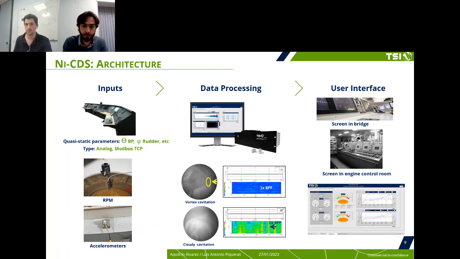And then all the results are shown in an ad hoc developed user interface, which is what helps the crew members or even the engine staff to see in real time what is happening with respect to the propeller performance, and indeed to see when cavitation starts to occur.